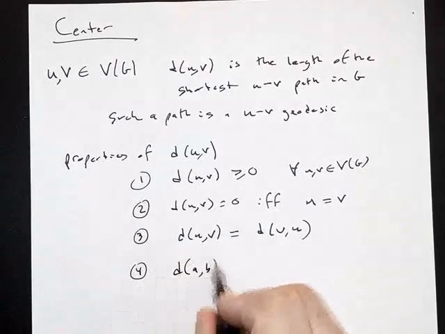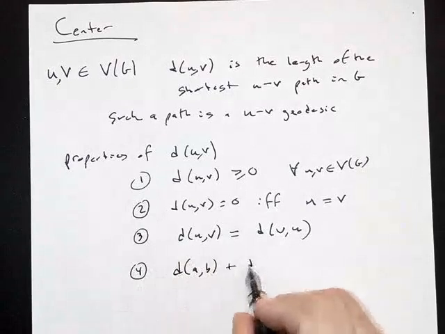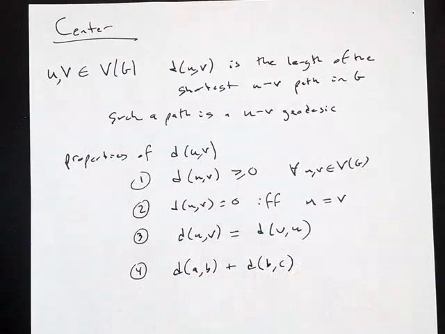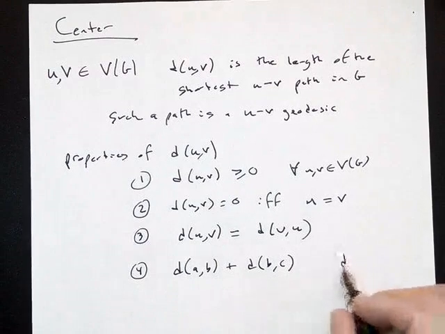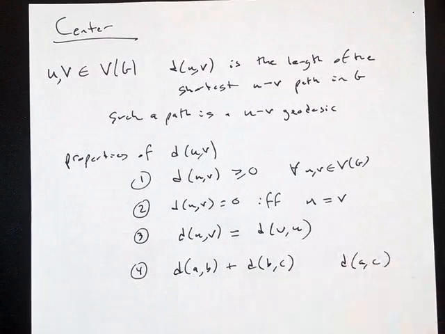The distance from point A to point B plus the distance from point B to point C is not always. The answer is not an equal sign, unfortunately.